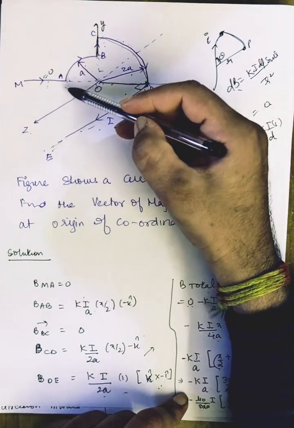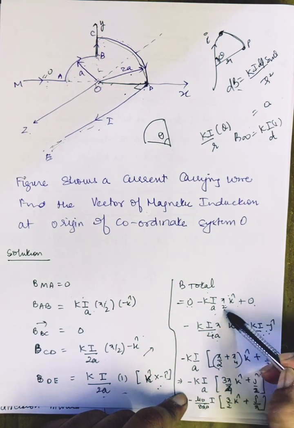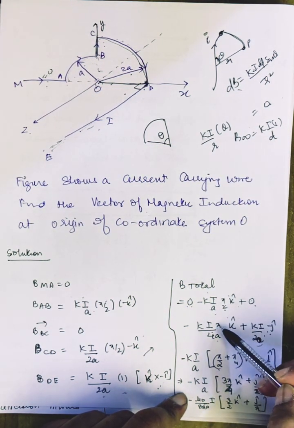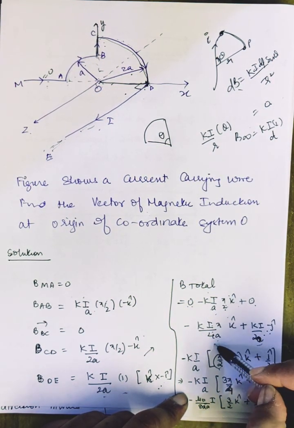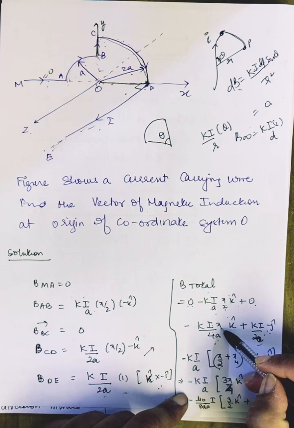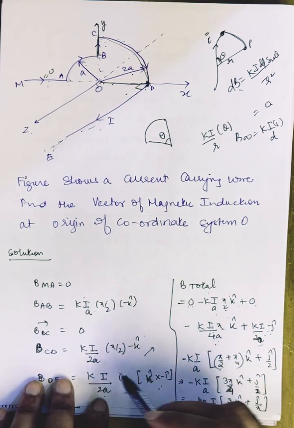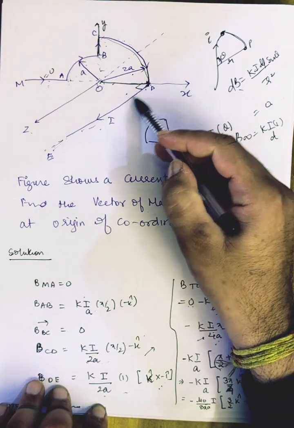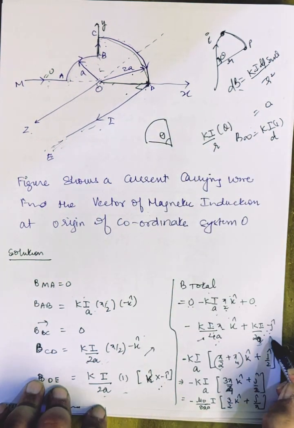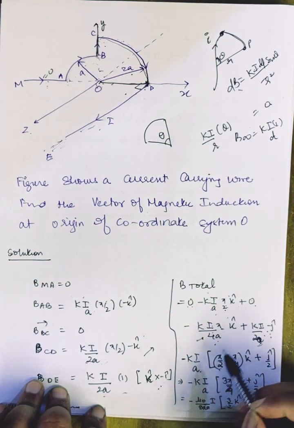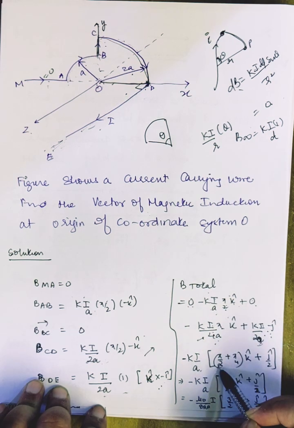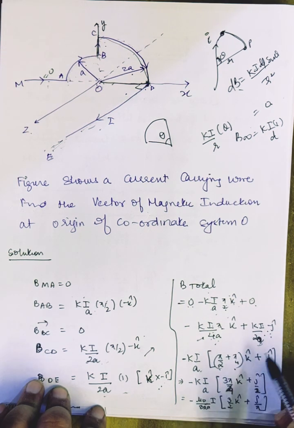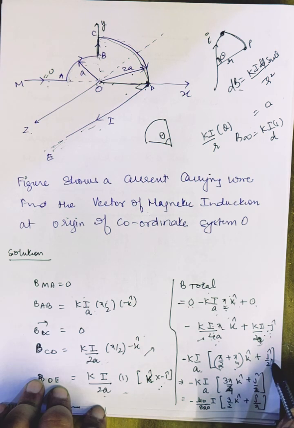For the first quadrant, this is K I by distance into angle subtended pi by 2. For the second quadrant, same formula, K I by distance into angle subtended pi by 2, or I've written here 2 2s are 4, so let's solve. And then K I by 2A, again the same formula. Now I have taken K I by A common, what is left is pi by 2 K, you can see that, and another is pi by 4 K, so these two can be added, and one is J by 2.